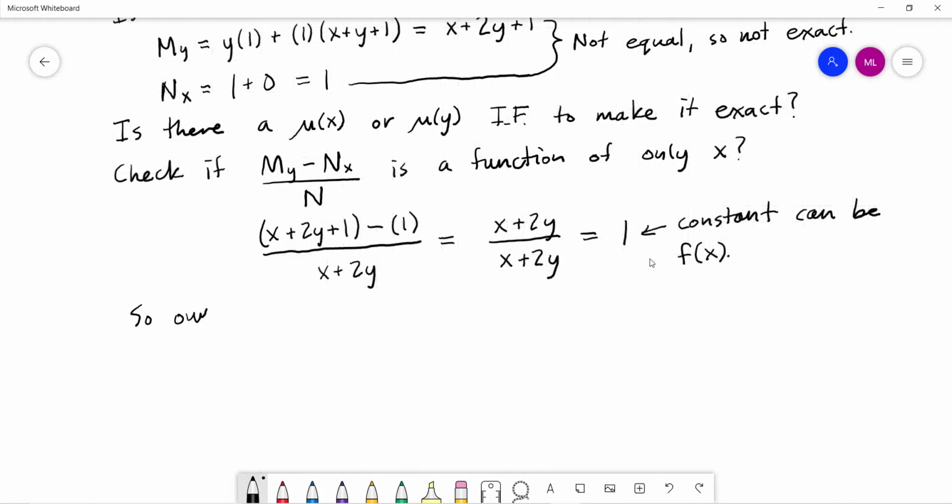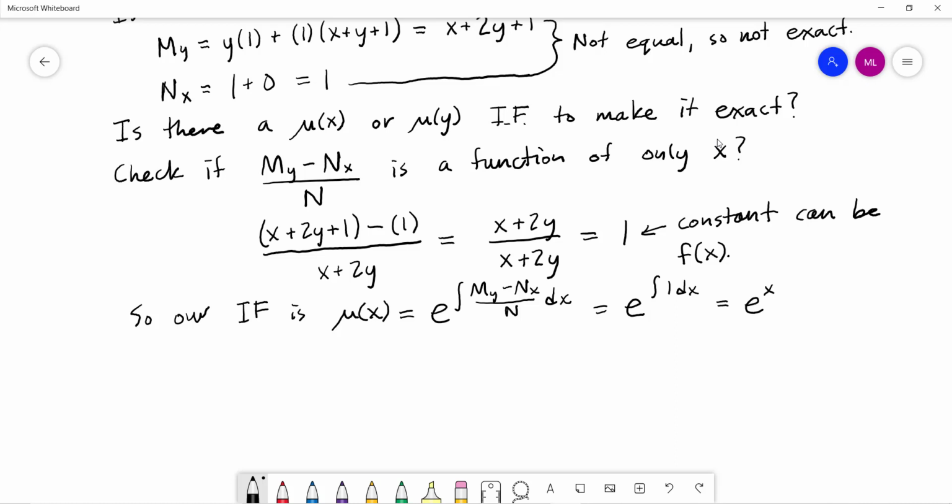So our integrating factor is mu sub x equals e to the integral of My minus Nx over N dx. But we already found this quantity. It's what we just solved for right here, and it was 1. So this is simply e to the integral of 1 dx. What's the integral of 1? It is x. e to the x is our integrating factor. That's it.